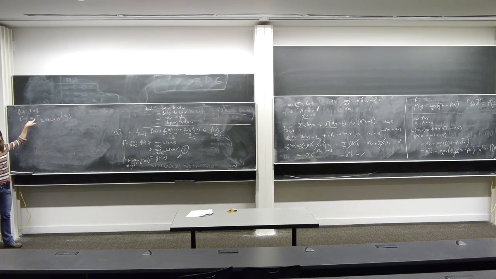The function that's 0 on the set and infinity outside the set, the indicator function. So this thing will be 0 if the dual norm of y is less than or equal to 1, and infinity otherwise. Okay?